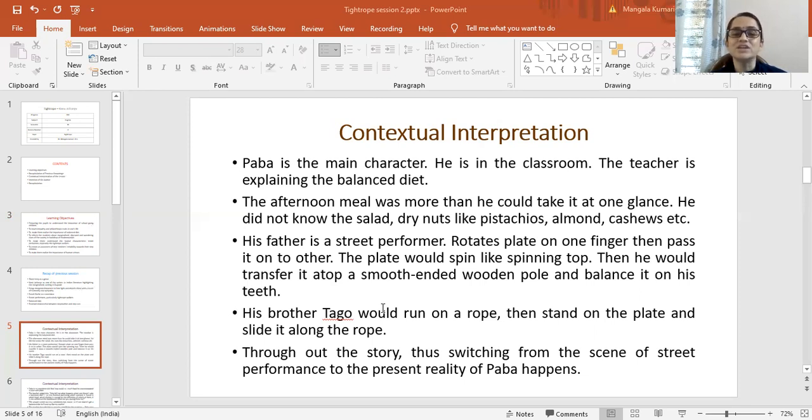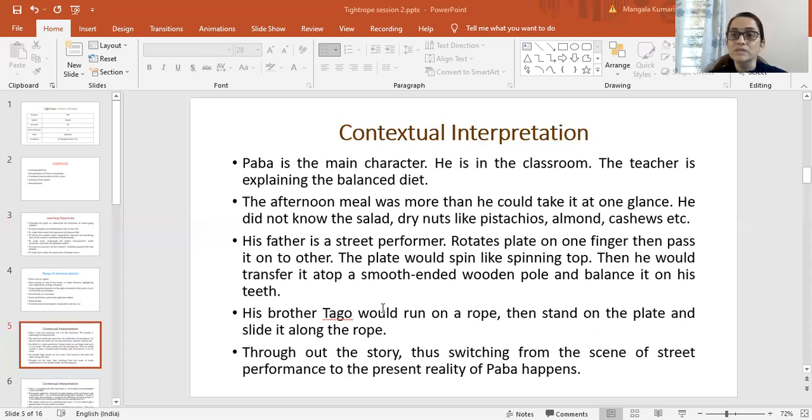The teacher is teaching about balanced diet. He is explaining diet in the classroom. On the blackboard, he has put boxes and he is explaining the balanced diet.